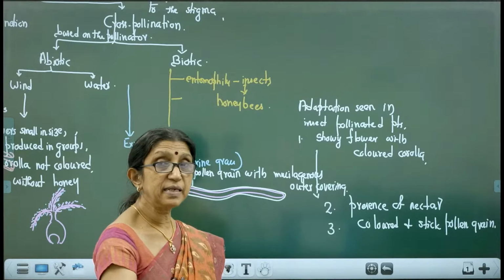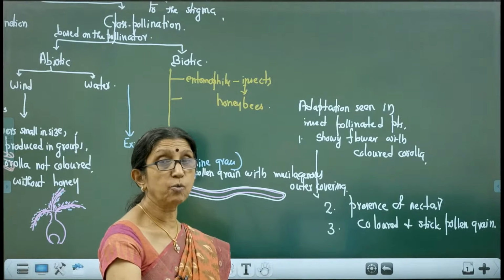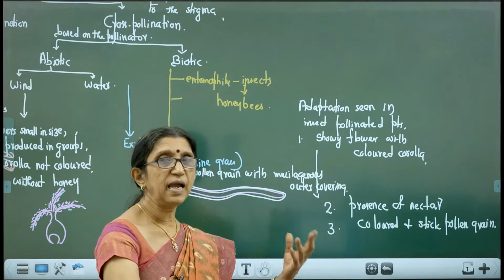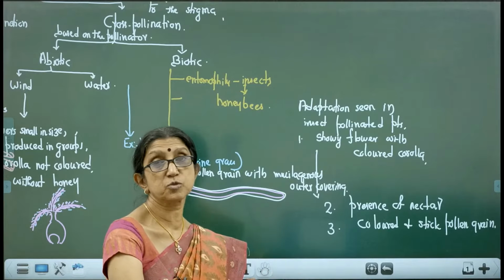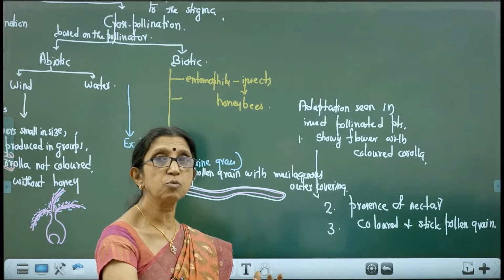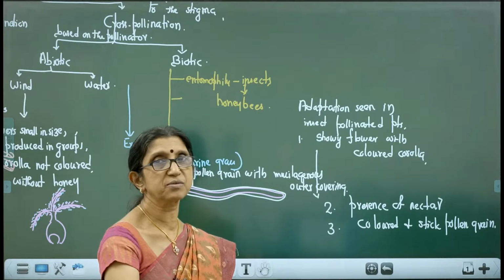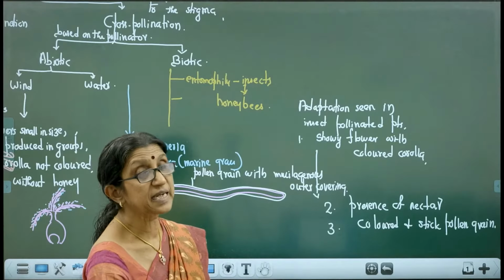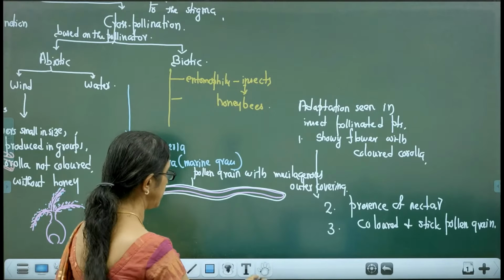And in flowers that open during night, the corolla will mostly be white in color, and there will also be a smell, which will enable the pollinator to move towards the plant. And these are certain adaptations commonly seen in insect pollinated plants.